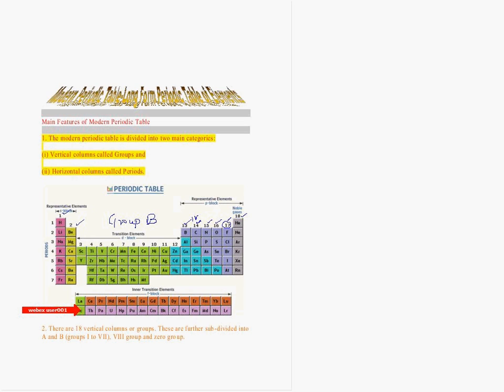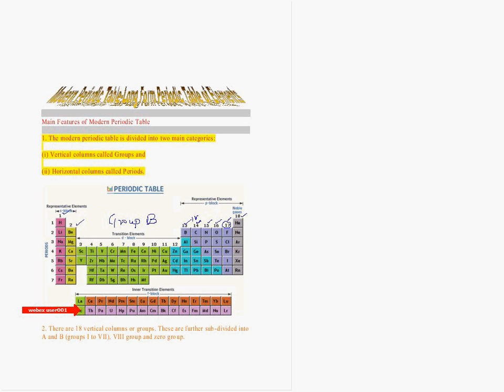If you have to write the configuration for atomic number 43, where will it be placed? Like, s block, p block? Try.